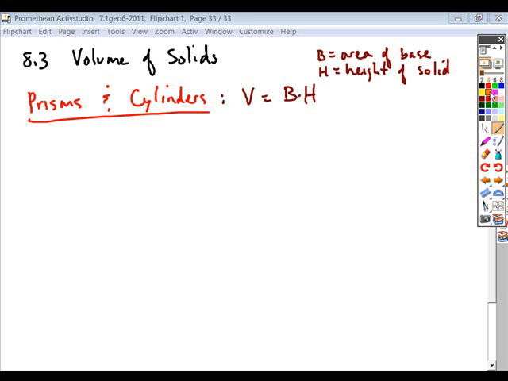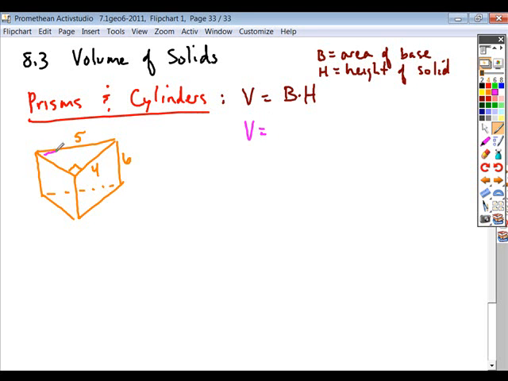So if we take an example of this, we have these lengths 4, 5, and 6, and we're dealing with this triangular prism. What is the area formula for this particular figure?